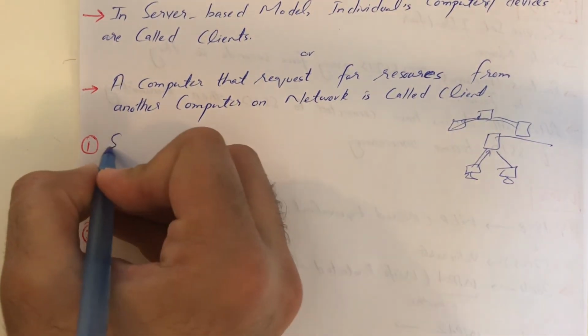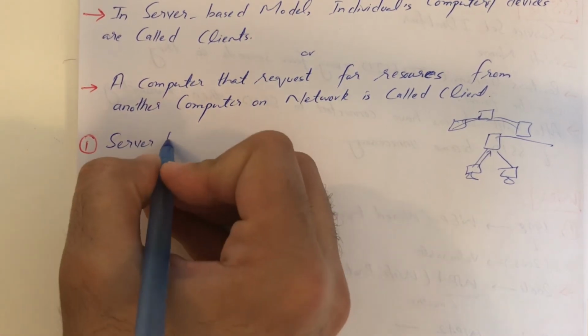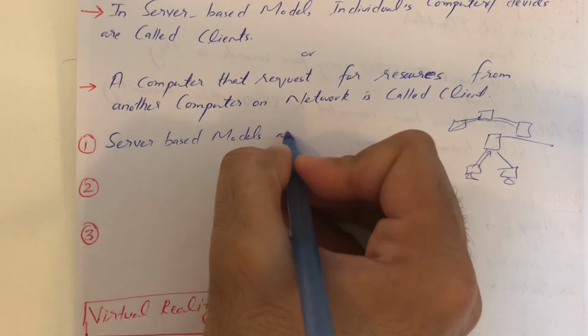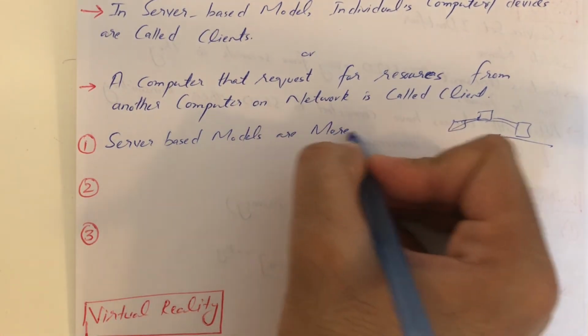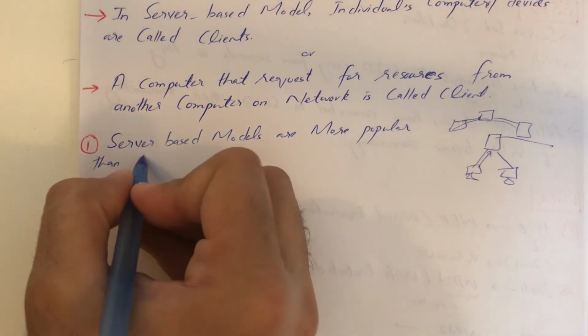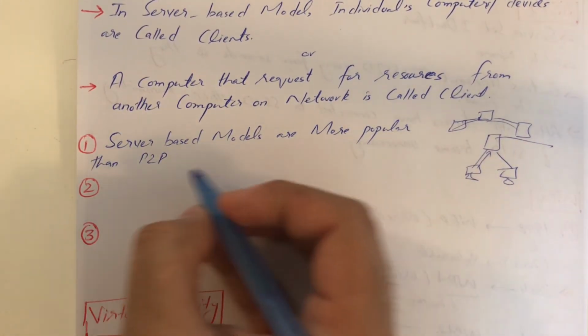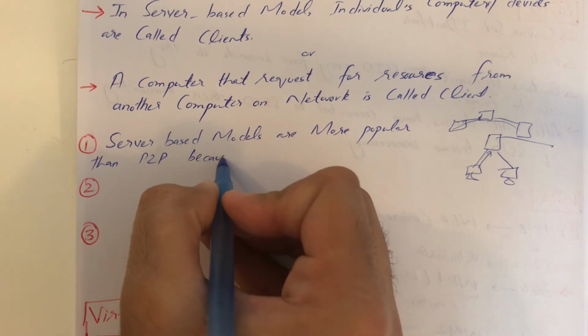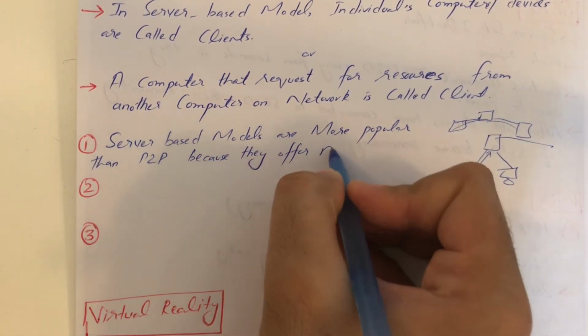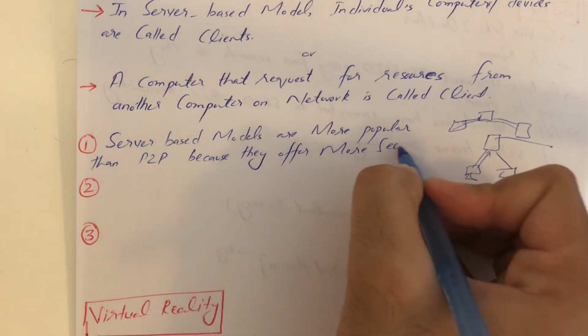So server-based models are more popular than peer-to-peer models because they offer more security.